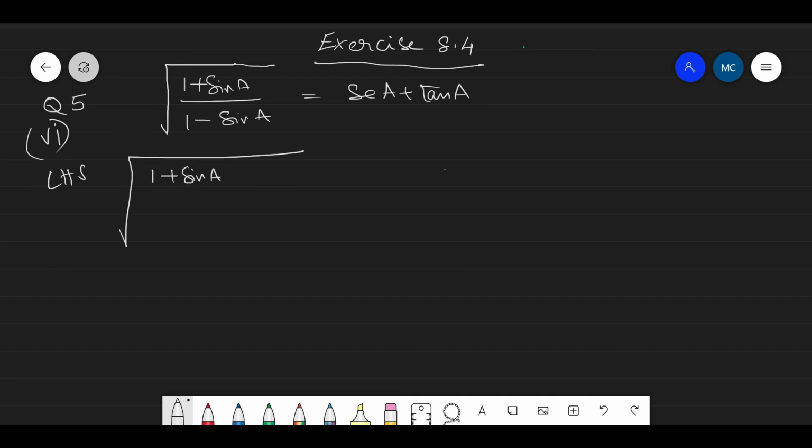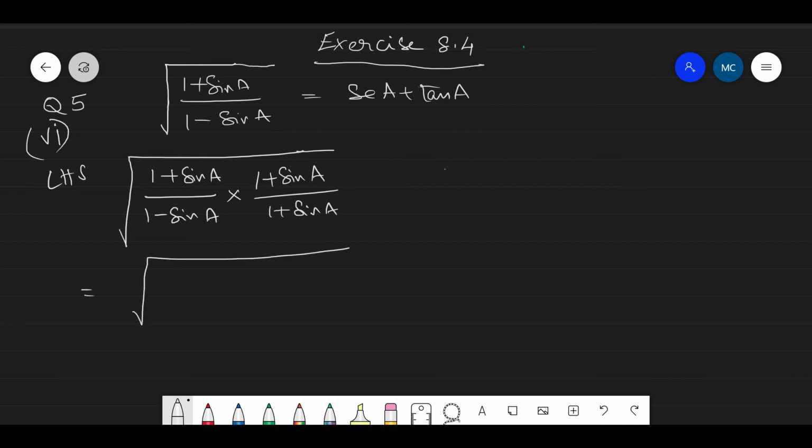Like 1 plus sin A by 1 minus sin A into 1 plus sin A by 1 plus sin A. That means we are taking the conjugate for the denominator. Now this will become square root of 1 plus sin A whole square by 1 minus sin square A.